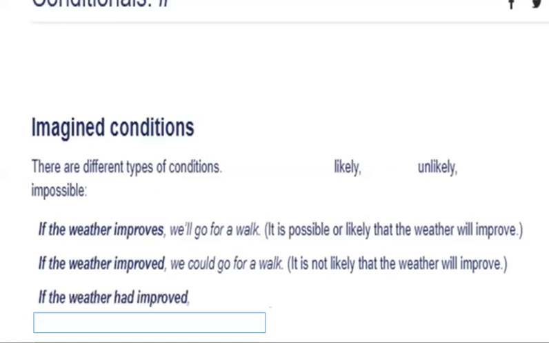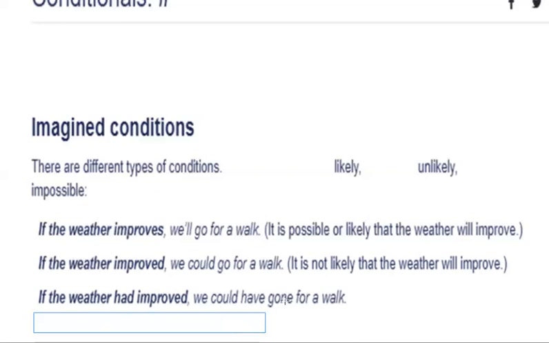Now, the third conditional sentence of if is: if the weather had improved, then we could have gone for a walk.